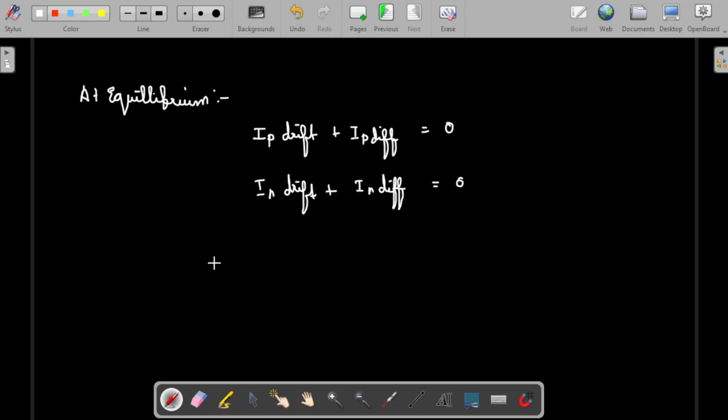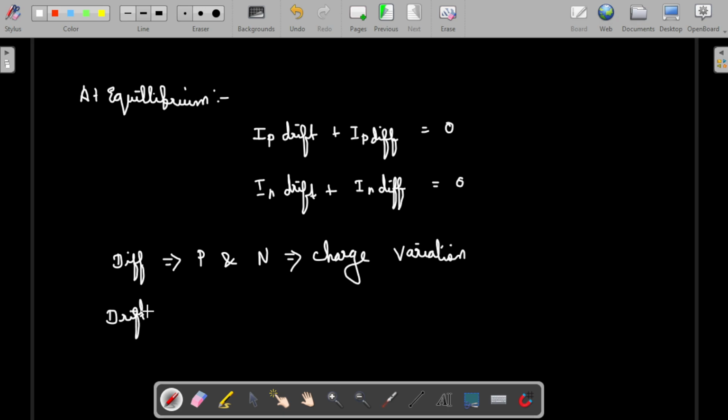Let me clarify. Diffusion is happening because of charge carrier variation, because of the P-type and N-type charge variation. The charge carriers will flow from higher concentration to lower concentration. The drift, sorry, the drift is because of the inbuilt electric field that is developed.